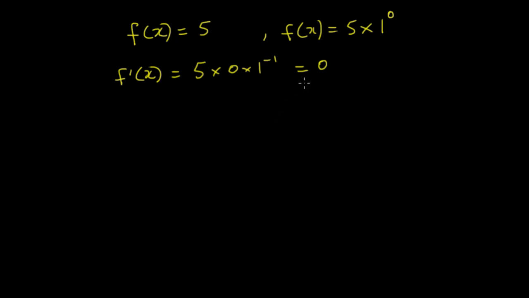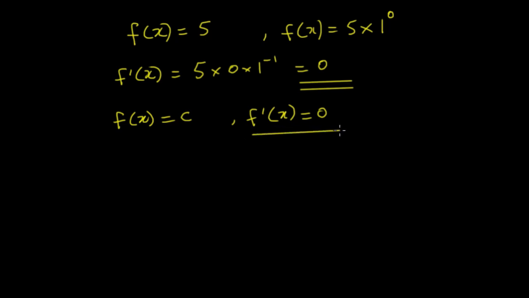So whenever we differentiate a constant, we get a value of 0. We could write it out generally. We could say f of x equals c, and say c is a constant. Then f derivative of x equals 0.